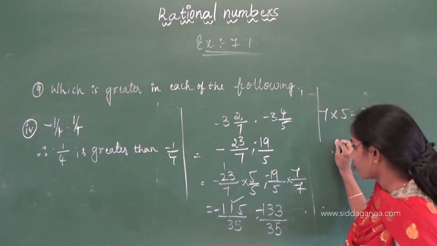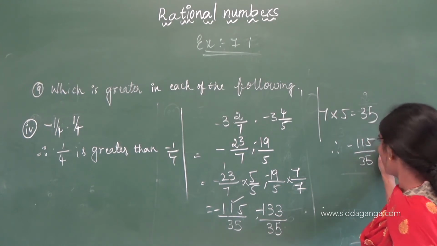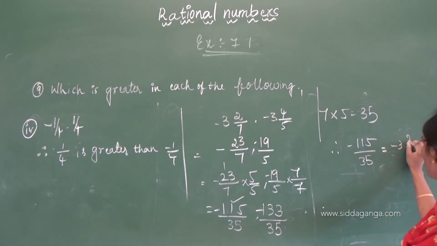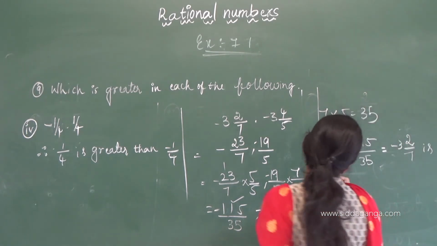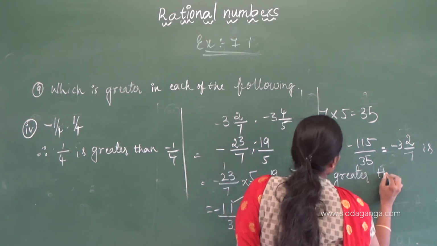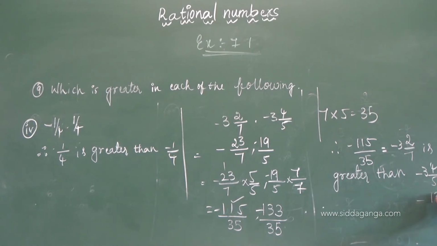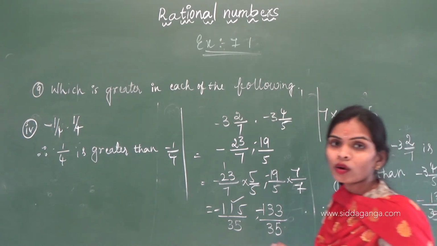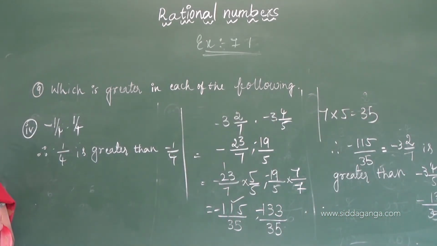Therefore minus 115/35, that is equal to minus 3 2/7, is greater than minus 3 4/5, which is equal to minus 133/35. Okay children, now go to the next question.